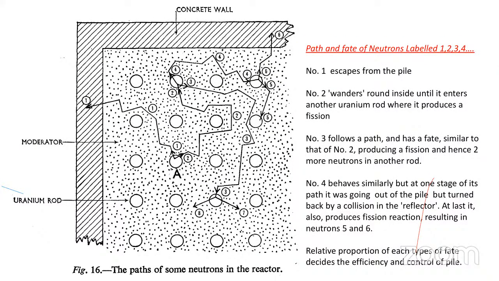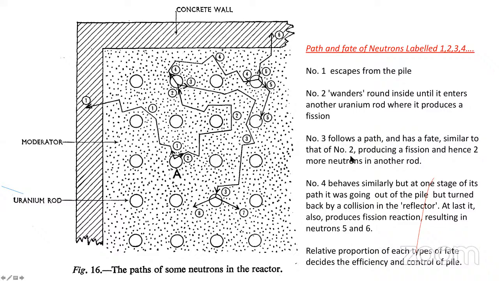So this is the fate and path of the neutrons. There are various neutrons: neutron number 1, 2, 3, 4, 5, 6. Number 1 just escapes from the pile; nothing happens to it. Number 2 wanders around inside and then enters another uranium rod where it produces fission, because for fission you need a neutron.